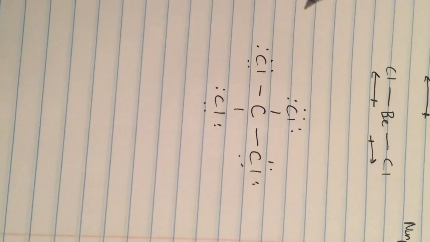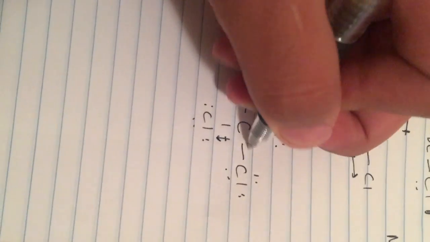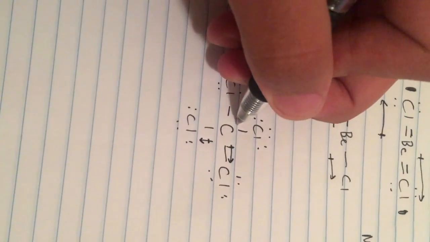And now you have to do the dipoles for this one. Chlorine is more electronegative than carbon, so it'd be going like that.